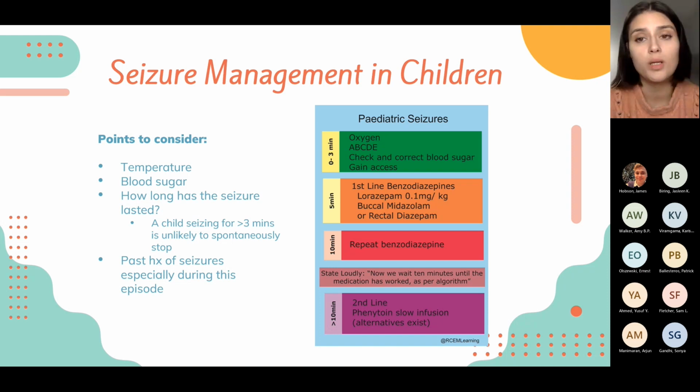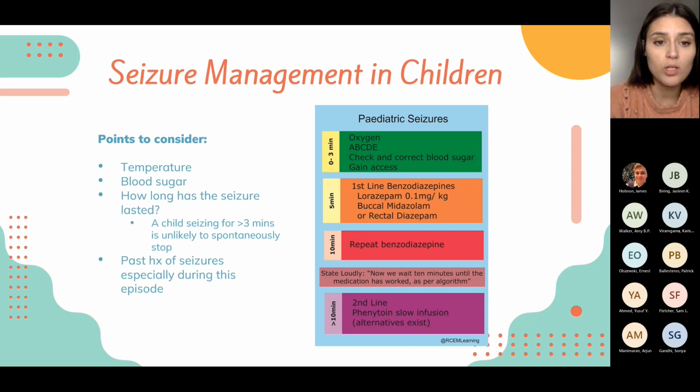Check blood sugar, which is really important because hypoglycemia can be a really common cause of seizures in children. Make sure someone's keeping track of how long the seizure has lasted. If it's gone on longer than 3 minutes, it's really unlikely to spontaneously resolve on its own in children. So you need to be getting medications ready and thinking about your next steps.